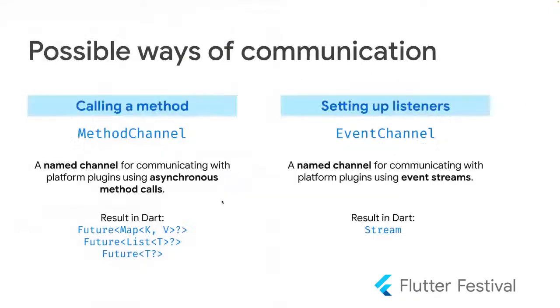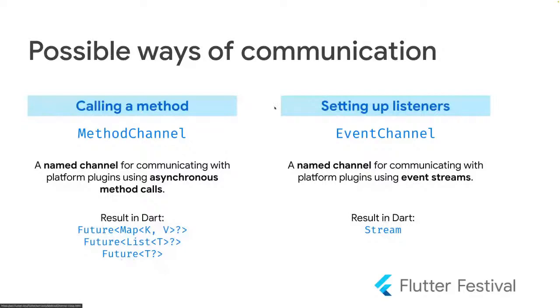This is a named channel, a channel that has a name, for communicating with the platform plugins using asynchronous method calls. So what is the result that we get from calling a method on a platform channel in Dart? We will get a Future of Map, or a Future of List, or a Future of dynamic, any type that could come from the native side.